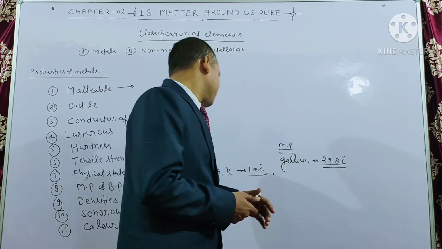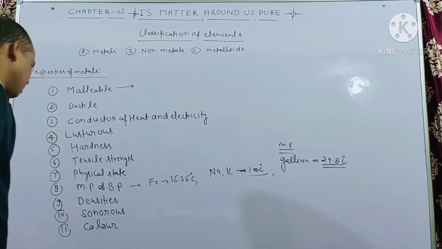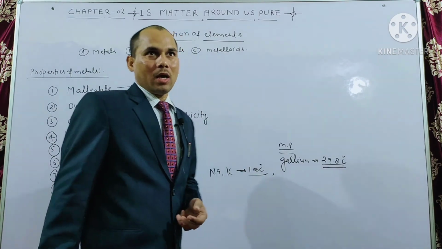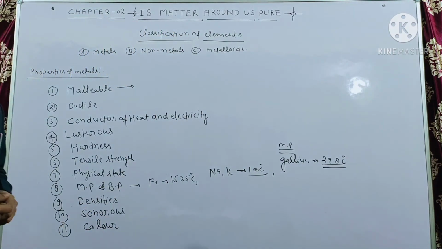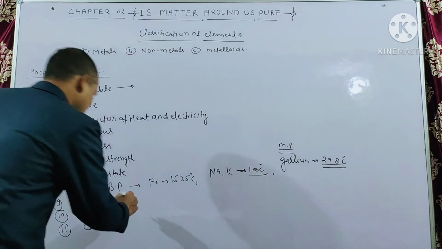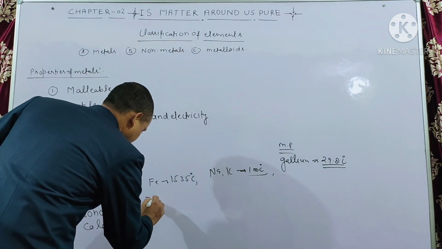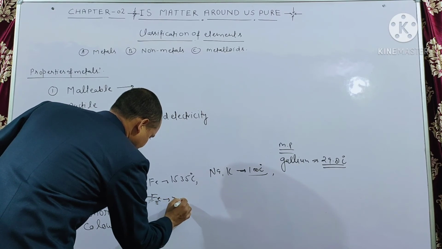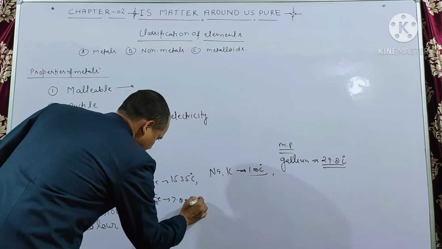Okay. Next one is densities, and metals have very high densities. Simply take iron. Iron, Fe, has a density of 7.8 grams per centimeter cube.